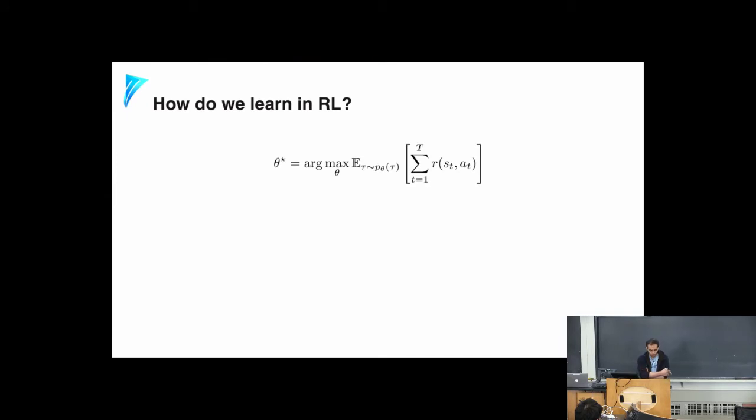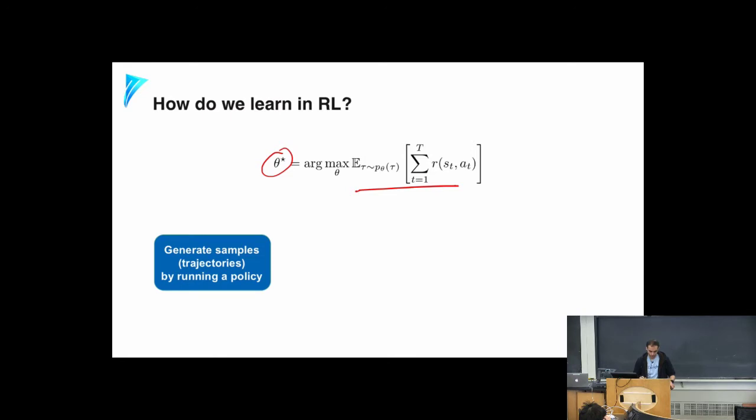Basically, we're trying to directly optimize the parameters of the policy, so we represent the policy in a parametric way, and we look at this objective function and try to find the parameters that would lead to the maximum possible expected returns, right?